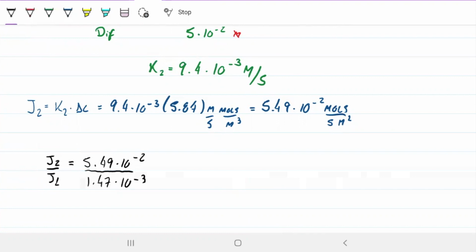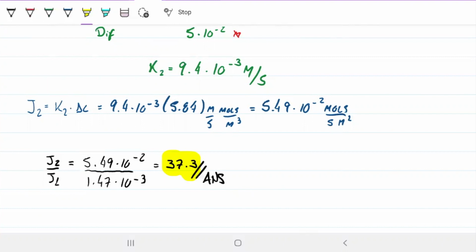So yeah, about almost an order of magnitude higher. They have the same unit, both of them, so this will be just a ratio, right? And that turns out to be 37.3. That will be our answer right there. Okay, so it's about 37-fold more efficient. The mass transfer happens 37-fold more efficient when we have that 3 meters per second wind blowing on the naphthalene ball in relationship to if we don't have that.